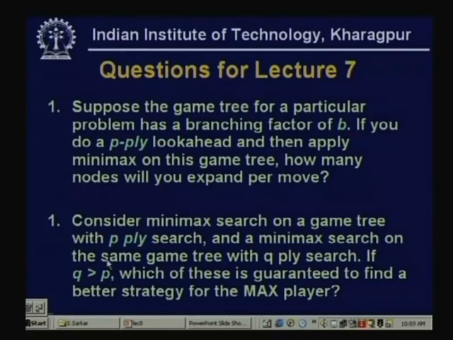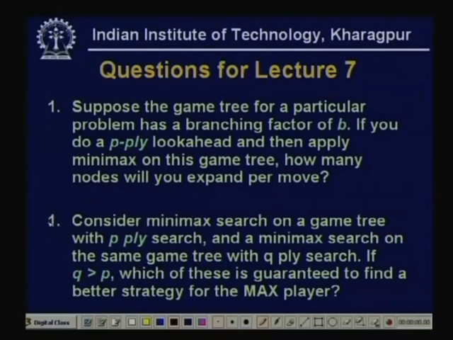Question number 2, it actually should be 2, not 1. Consider minimax search on a game tree with p-ply search and another minimax search on the same game tree with a q-ply search. If q is larger than p, which of these searches is guaranteed to find a better strategy for the max player?